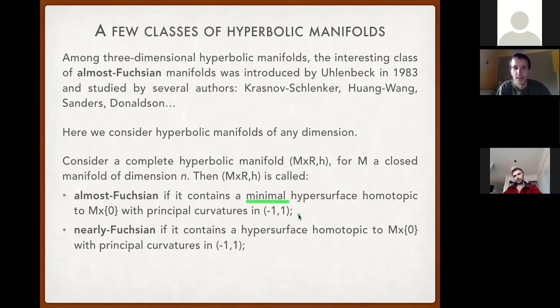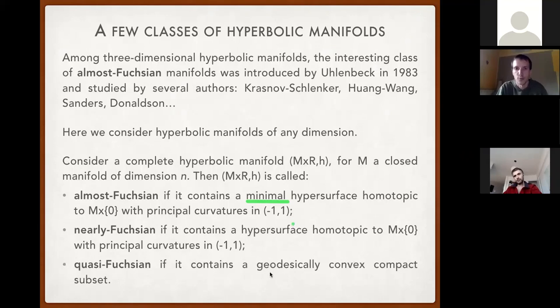Almost Fuchsian implies nearly-Fuchsian, definitely. The other one is not known. There are no barrier arguments. This is a very good question, and as far as I know, this is still an open question at the present time, whether these two classes coincide. Finally, the last class, which you may be more familiar with, is the class of quasi-Fuchsian manifolds.